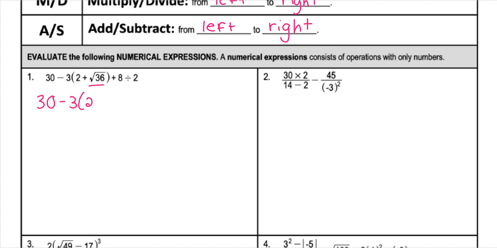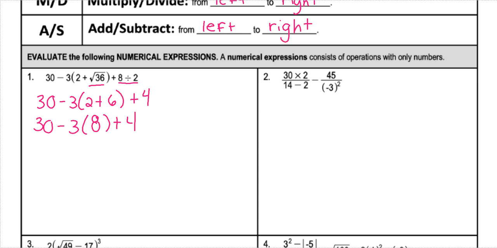Everything else stays the same, and I'm just simplifying that square root of 36. And then I can also go ahead and divide the 8 by 2 after the grouping symbols there. So we've taken care of that square root. Now let's take care of the rest of the parentheses. So we would add 6 plus 2 and get 8.